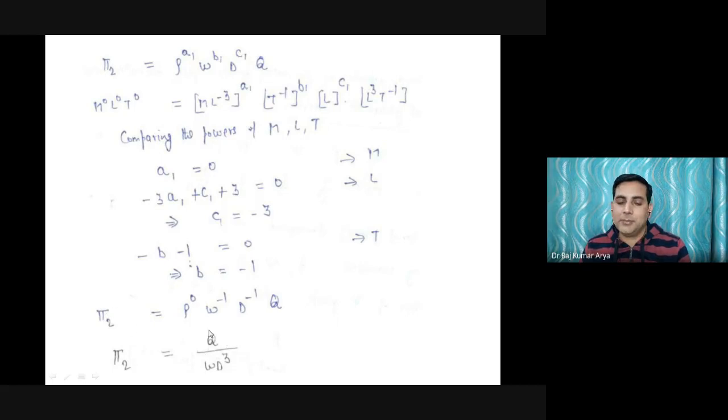Can you recall what this dimensionless number is called? Q upon omega d cube. It is the flow number I taught yesterday. It is the flow coefficient or flow number.